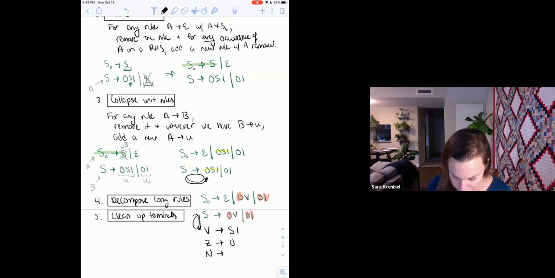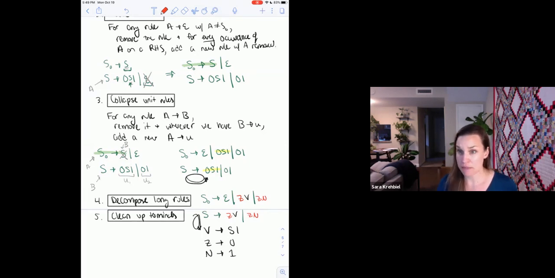And then another variable, I'll call it N, that can turn into 1. Then I'll go back in, and any place that I have variables and terminals mixed, or two terminals, I will replace those with my Z's and my N's. And then I have a grammar that's in Chomsky normal form.